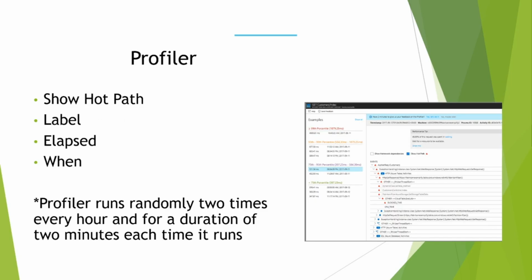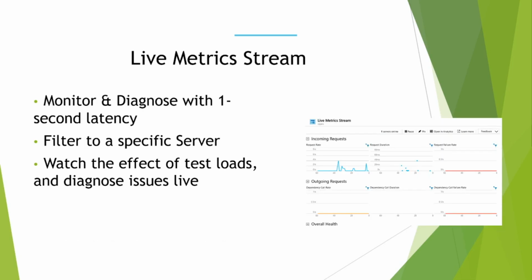There is a profiler, but the focus shouldn't be on the profiling, though this supports profiling some of the hot code, which you can actually enable. The live metrics is actually huge.